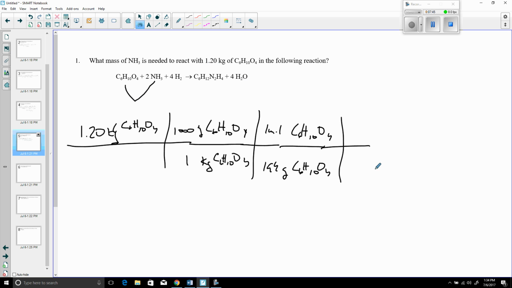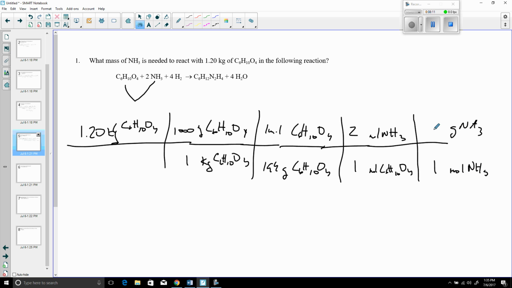Now we are in moles, and we can take moles of this and relate it to moles of the NH3 is what we're trying to find. So now moles of C6H10O4 to moles of NH3, and we can clearly see the ratio is 1 to 2, and that's not good enough yet because we need to know the mass. So we're just going to convert moles of NH3 to grams of NH3.